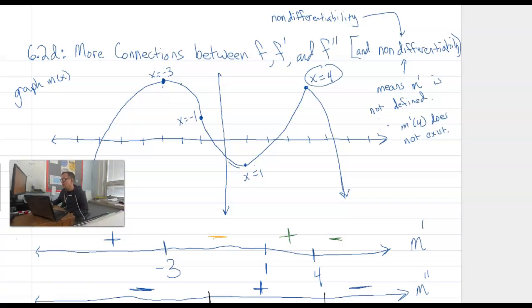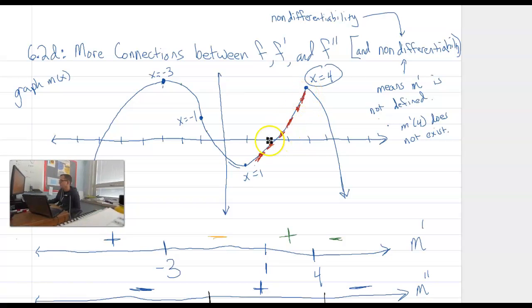And if we think about the graph of m of x, I'm going to just take a couple points. I'm going to draw some points that are getting progressively closer to the point that I'm claiming is non-differentiable. So if you can picture the tangent line at each of these points, it's like a steep line, and it's going to get more and more steep, but it's positive. It's a positive slope.